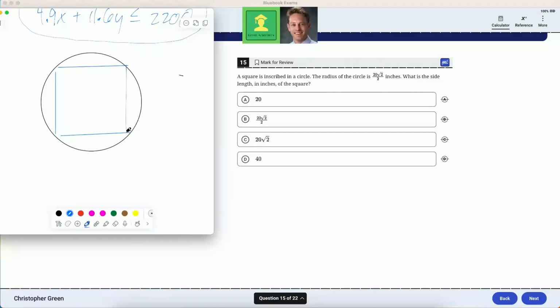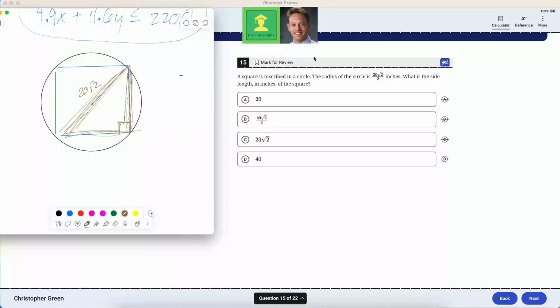So the radius of the circle is 20 radical 2 over 2. Sure, and you could draw the radius as from here to here or here to here, but the helpful way to draw it is here to here. So then this triangle like this, because it's a square, it's a right isosceles triangle, is a 45, 45, 90. The diameter is simply double this, which is 20 radical 2.